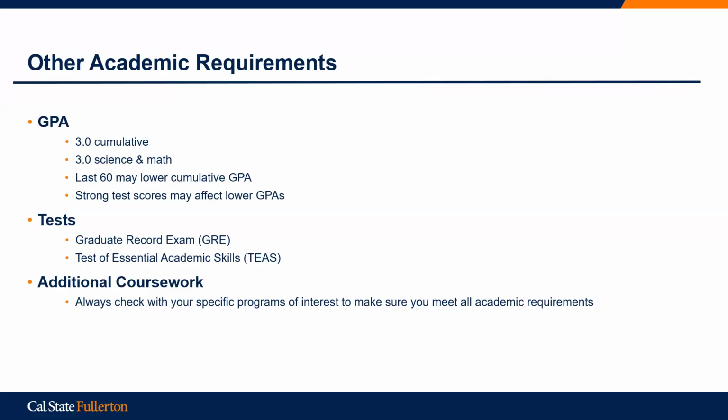Some are going to require you to have them all at the time of application. Some are going to be okay with them being done the fall before, and some can even extend it out till spring, right? Some need all your science ones done at the time of application, but the other ones can be in progress. So it's important to make sure that you're tracking which programs require what, and when they need to be done, so that you can make sure that you're meeting all those academic requirements.